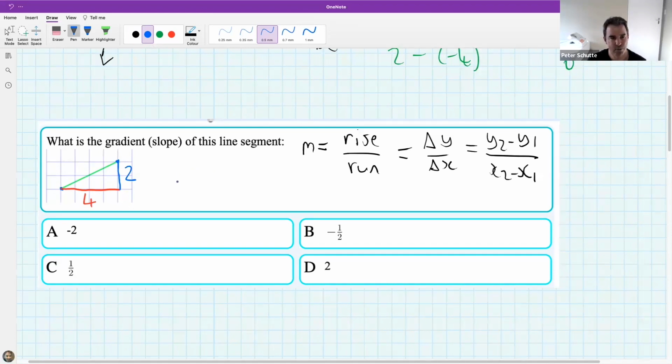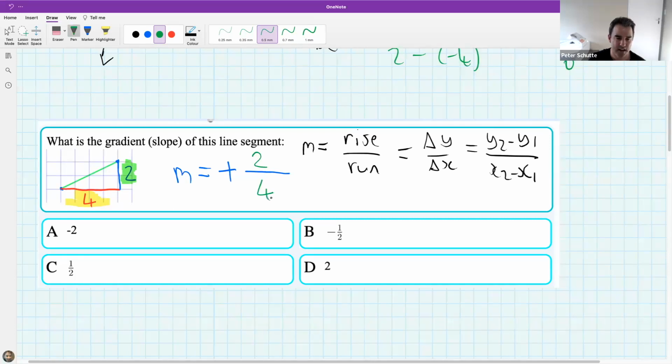So I'm pretty confident it must be positive because it's sloping up to the right. And then my change in y is 2. That's how much it goes up by. So that's going to be a 2. And my change in x, or my horizontal change, is going to be 4.